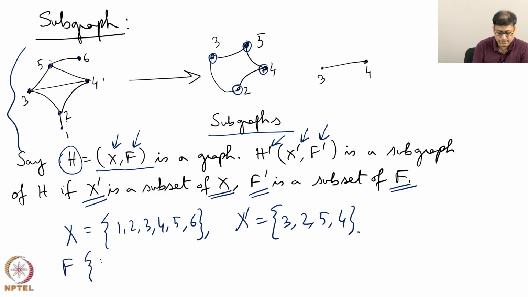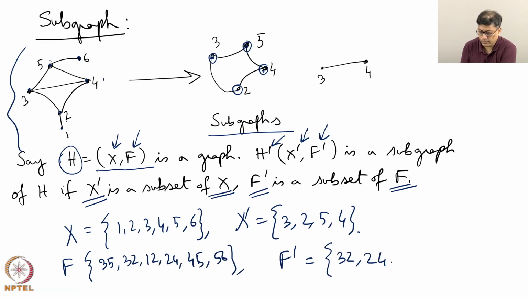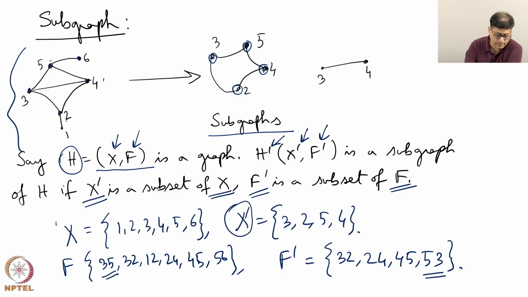We have the edges 35, 32, 12, 24, 45 and 56, and f dash is 32, 24, 45 and 53. 35 is the same as 53. Okay. So, we can see here x dash is a subset of x and f dash is a subset of f.